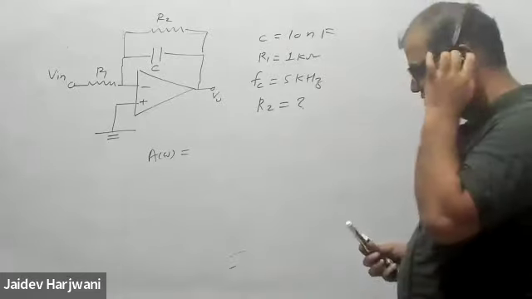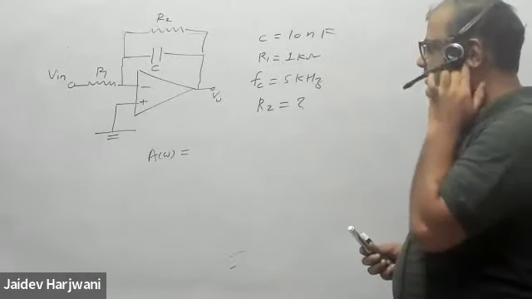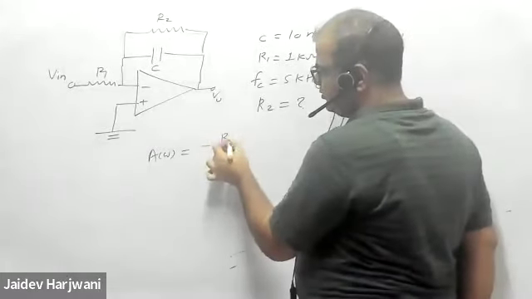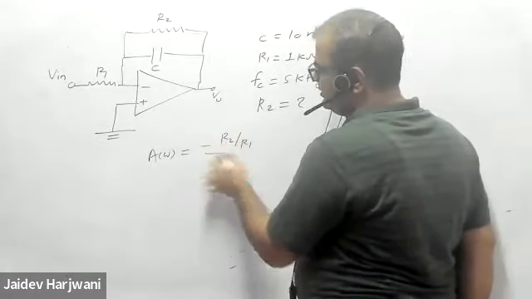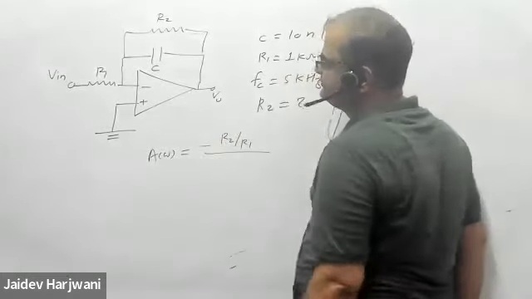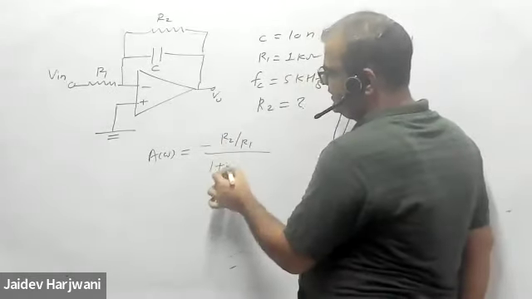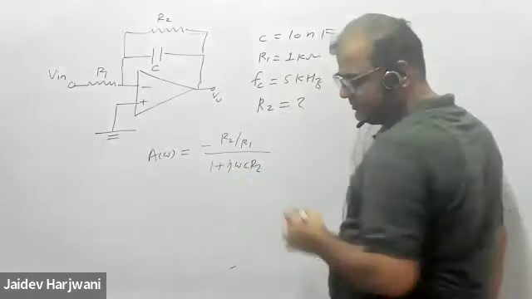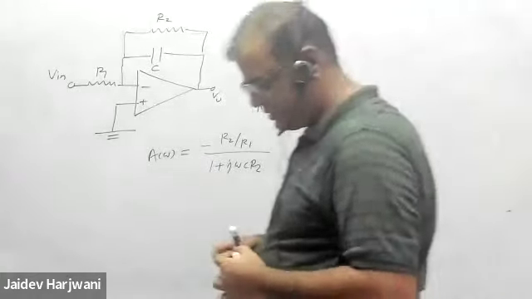Tell me what is the formula. Anyone remember? Minus R2 by R1 upon 1 plus J omega C R2. Check and tell me if this formula is correct or not.